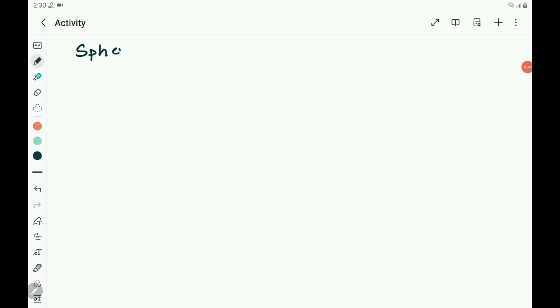Next one, sphere. Then what is sphere? Sphere is a solid having only curved surface.